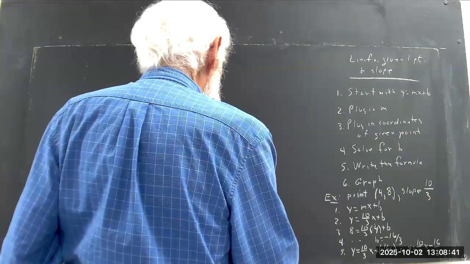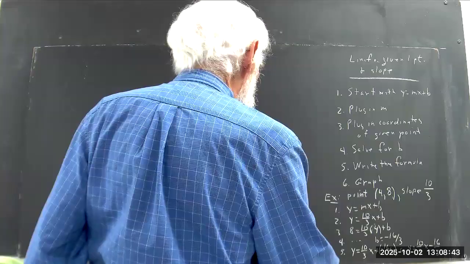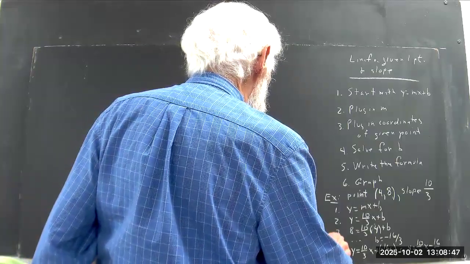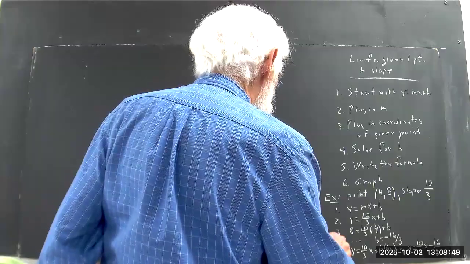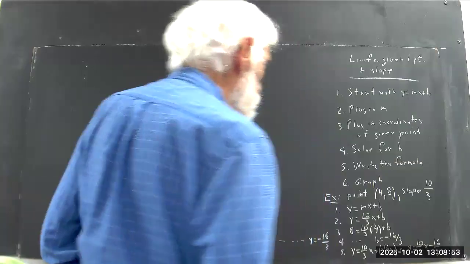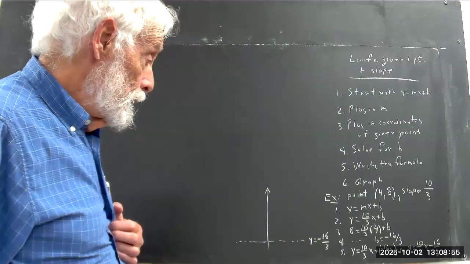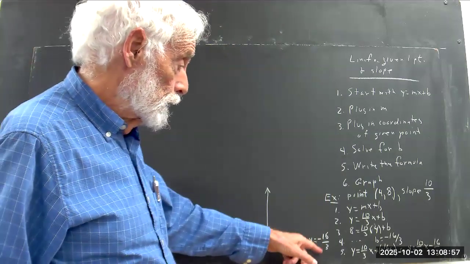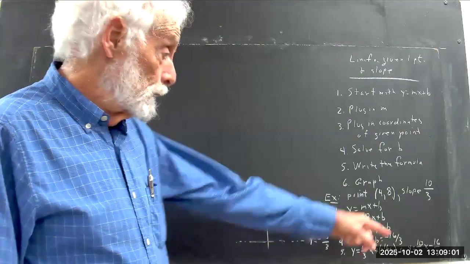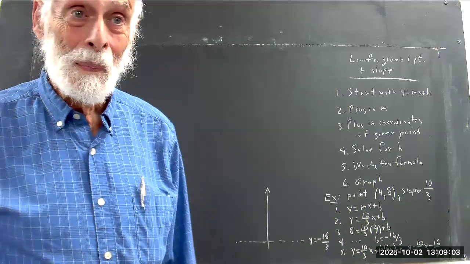So we need a line y equals -16/3. Now, if you're doing this in open math, then you're gonna have to estimate where -16/3 is, but chances are they're gonna give you a grid and B is gonna be a whole number.